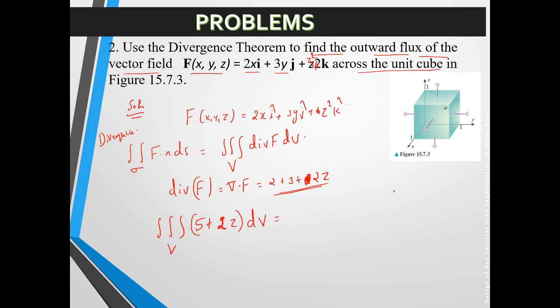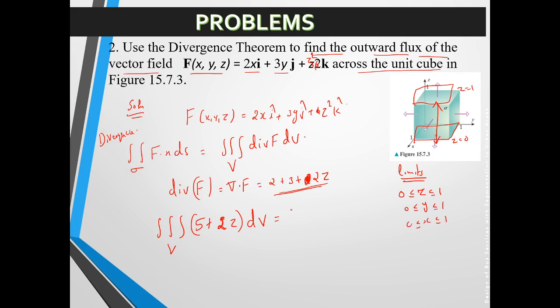Now, what are the limits of integration? What about z? The region is a unit cube, so z ranges from 0 to 1, y from 0 to 1, and x from 0 to 1.